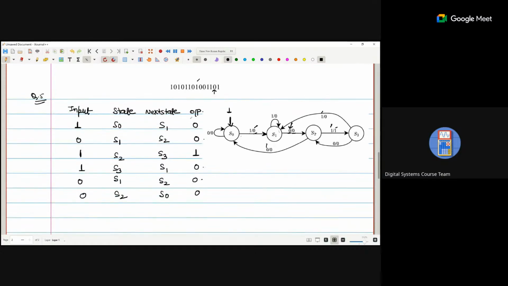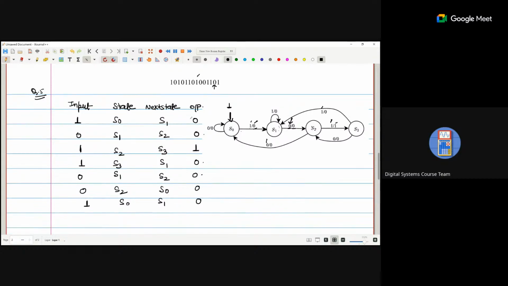Next 1 is coming. So present state is S0, input is 1, next state is S1 and output is 0. Next 0 is coming. Present state is S1, next state is S2 and output is 0.